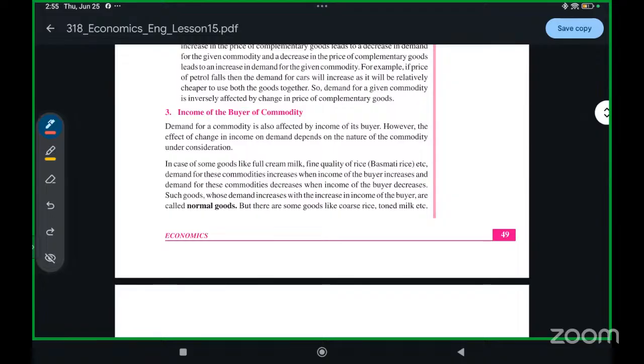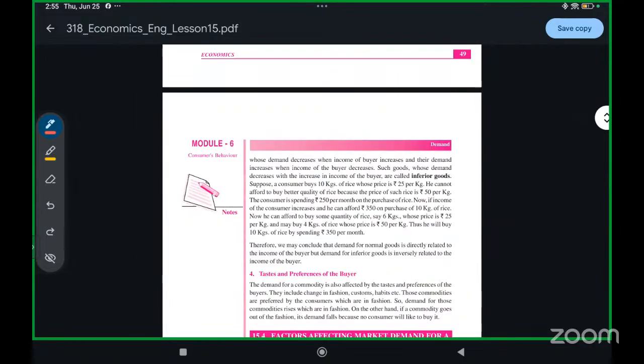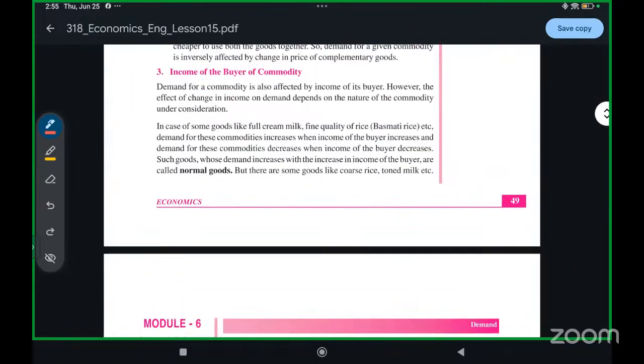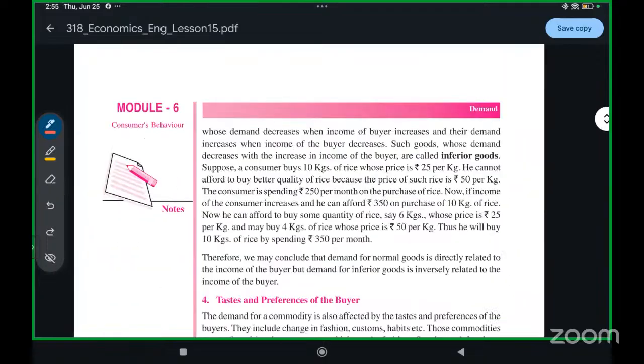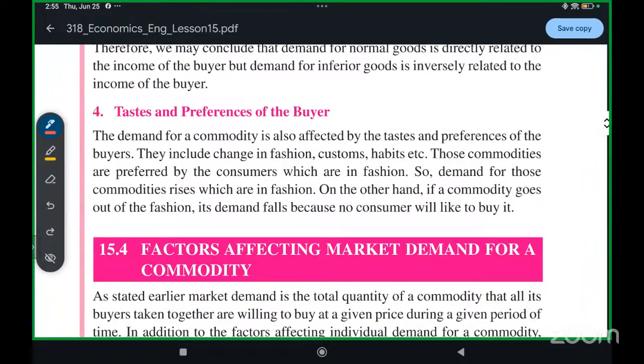We saw what are normal goods and what are inferior goods. And then taste and preferences of the buyer is another factor.